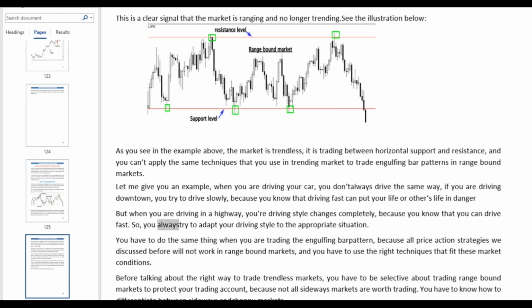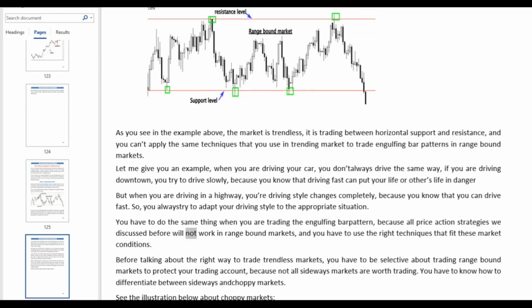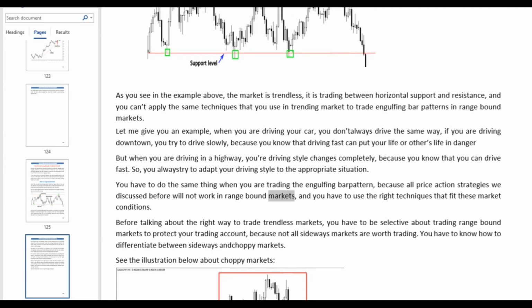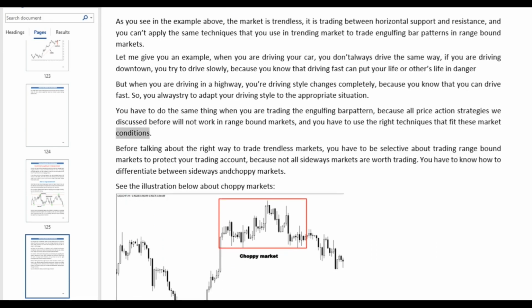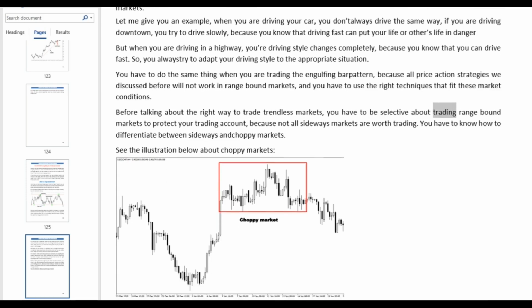So, you always try to adapt your driving style to the appropriate situation. You have to do the same thing when you are trading the engulfing bar pattern, because all the price action strategies we discussed before will not work in range-bound markets, and you have to use the right techniques that fit these market conditions.